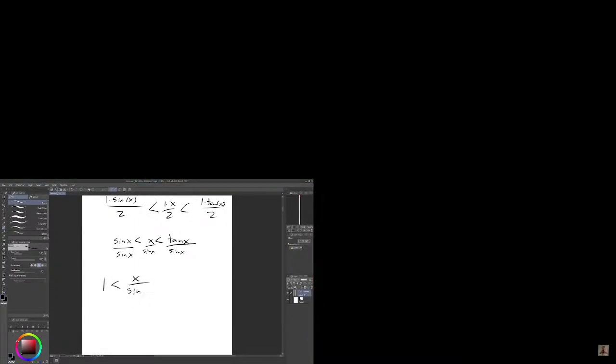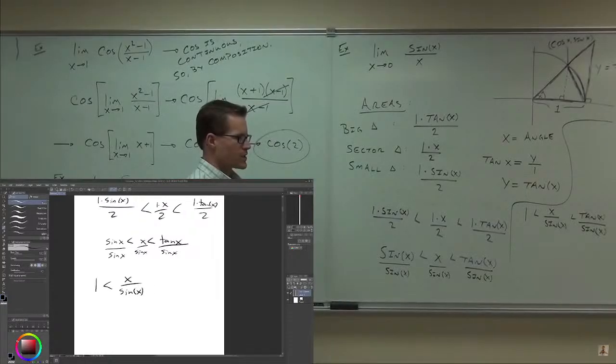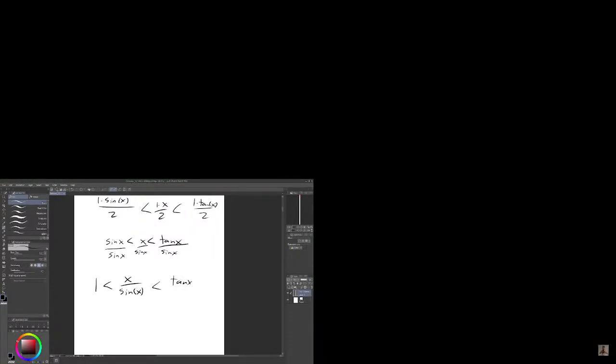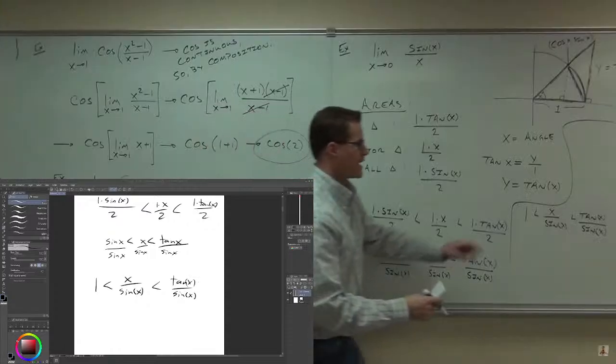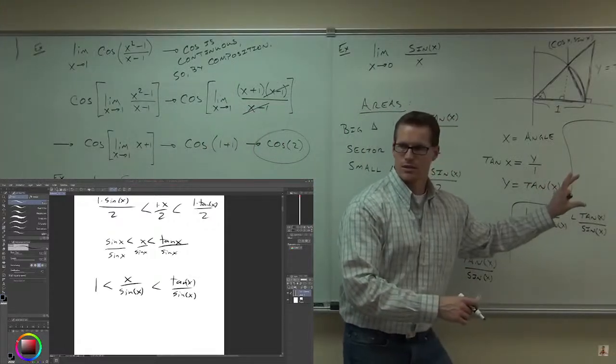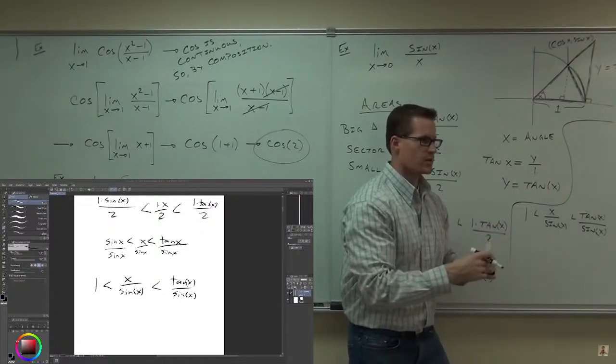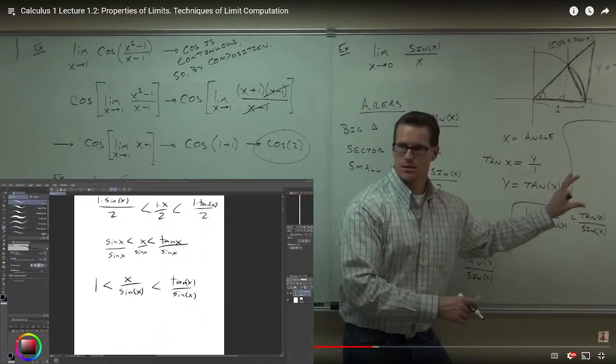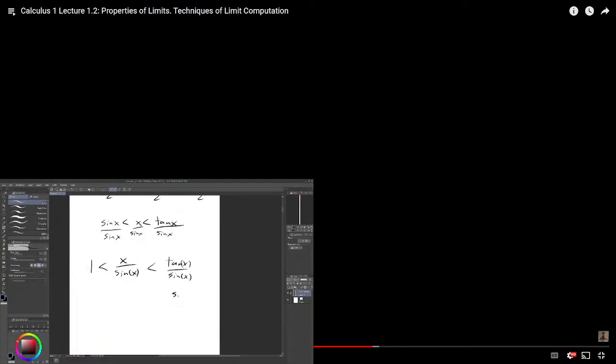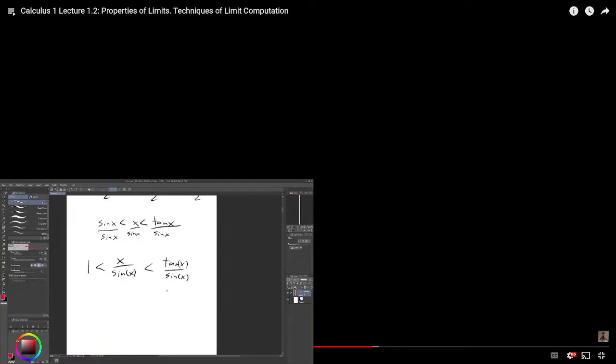How much is tan x over sine x? One over cosine, because tan x is sine over cosine. Divided by sine means you flip and multiply.